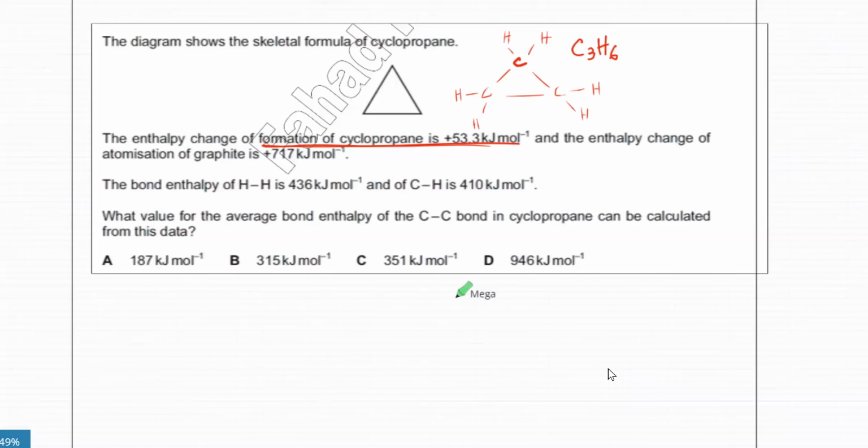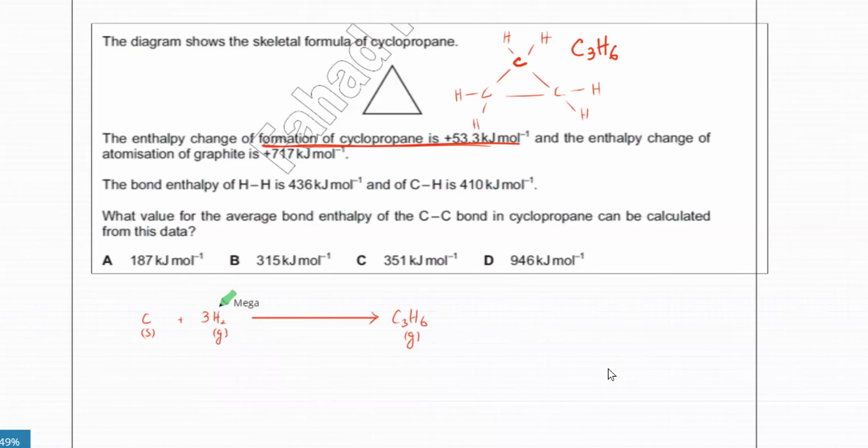Enthalpy of formation is the energy change that is associated with that reaction where 1 mole of cyclopropane is going to be formed from its constituent elements. And its elements are carbon, which is solid, and the other element is hydrogen, which is going to be in gaseous state.